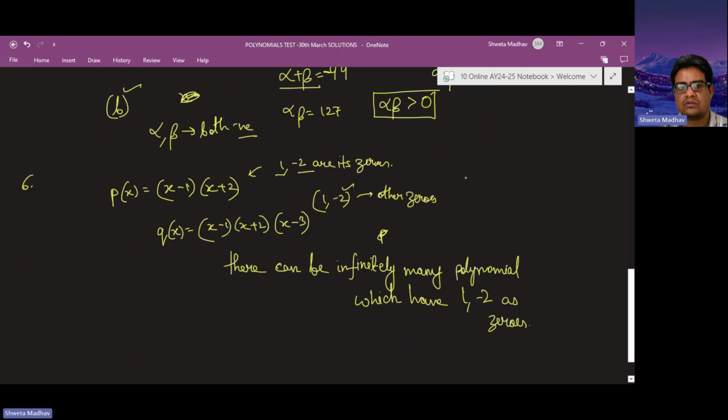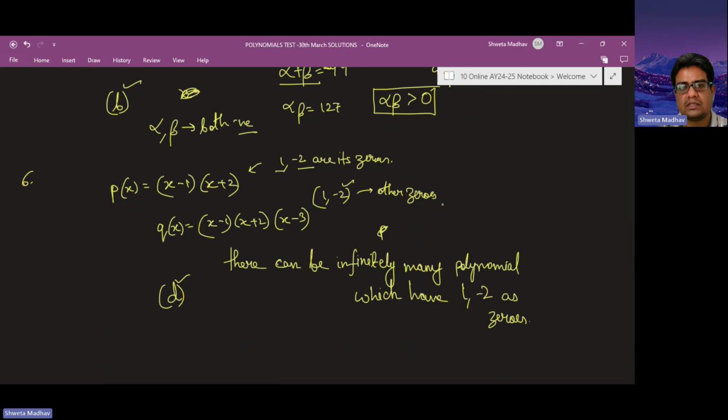So it means the answer will be obviously more than 3. So option D is the correct answer, which is more than 3. The answer actually is an infinite number of polynomials we can have, which will have 1 and minus 2 as its zeros.